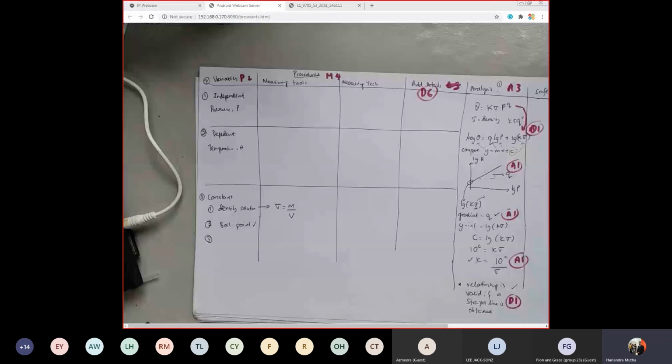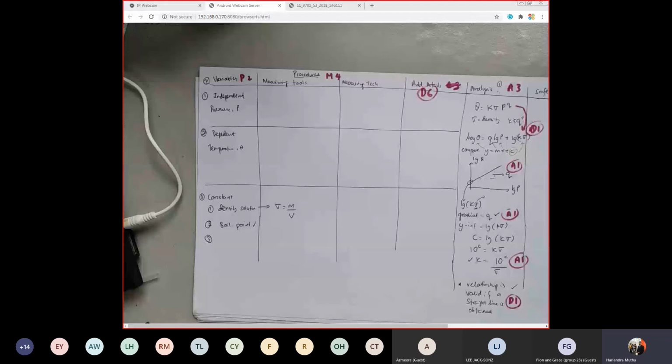Okay, once we have identified these, now we can look at the measuring tool. What is the appropriate measuring tool? Make sure that the tool is something you can find in the physics lab. It's not something you saw in the movie, or something you can find in Dexter's laboratory.